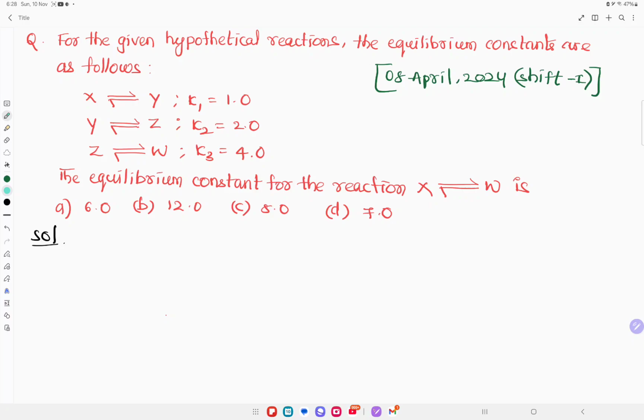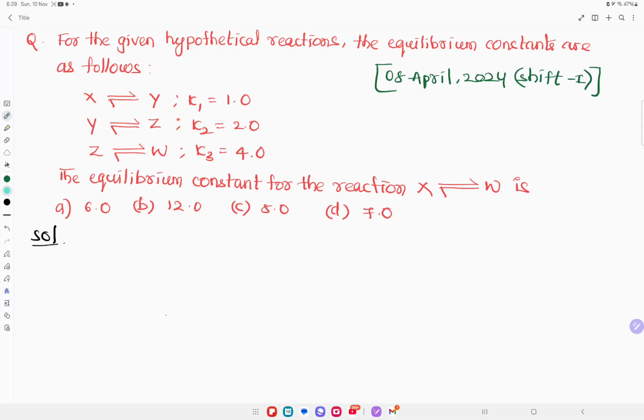Hope you understood. Next, there are 2 previous questions on this topic. This is the question which was asked in the 2024 April 8th shift 1 JEE Mains question paper. This is a hypothetical reaction, with species represented by English alphabet letters.